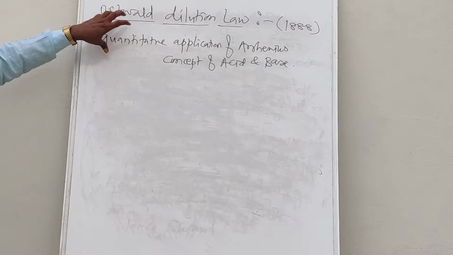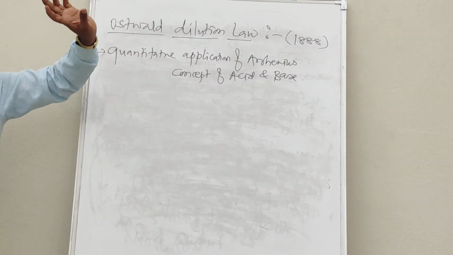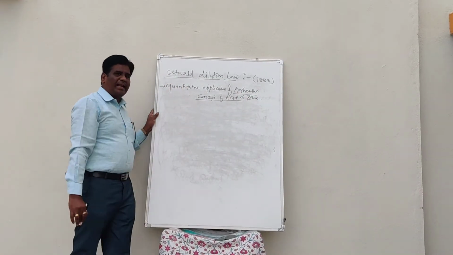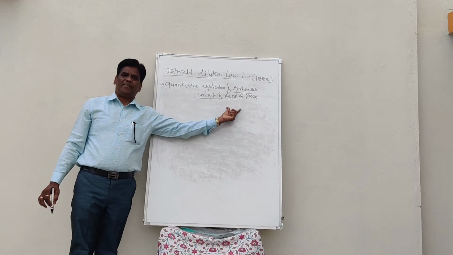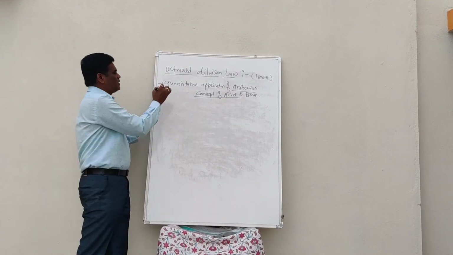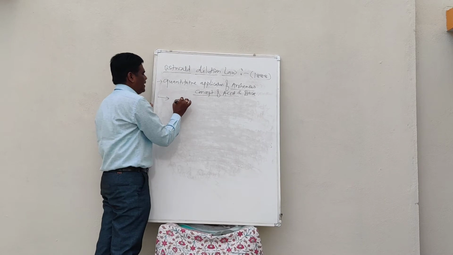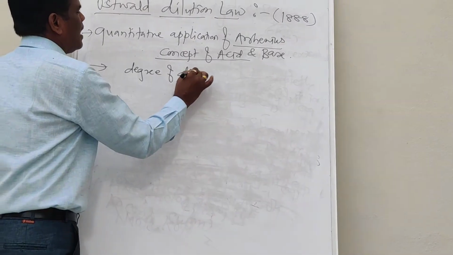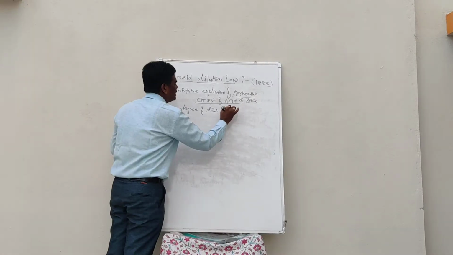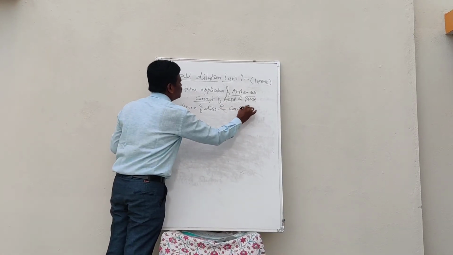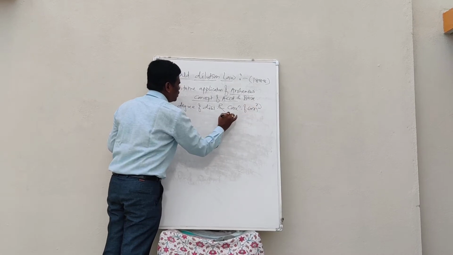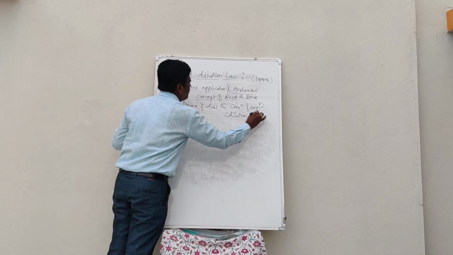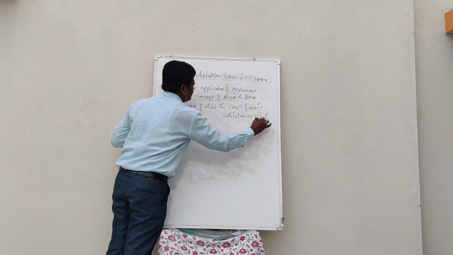So this law is related with quantitative application of the Arrhenius concept of acid and base. Second point to remember: this law is related with degree of dissociation and concentration of solution, or also dilution or volume of solution.